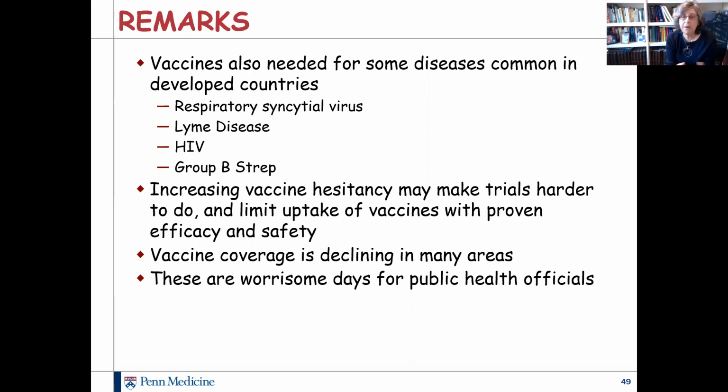And again, that paper by Betz Halloran talks about those kinds of designs. But in this ring trial, the whole cluster was randomized to either get the vaccine right away or not. So you didn't have people within a cluster, some vaccinated and some not.